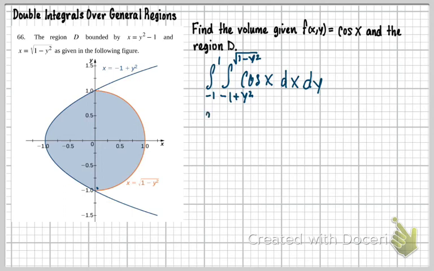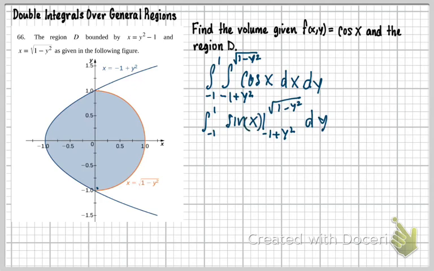So we're going to have the integral from -1 to 1, and then the integral of cosine is sine of x, which gives us a really easy integral here. But take a look at what we end up with now. The square root of 1 minus y squared on top, dy, because we took the integral of cosine and that gave us the sine of x.